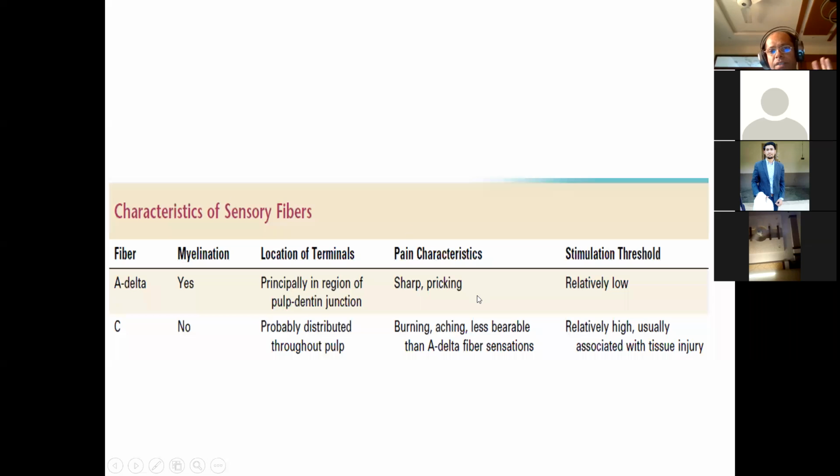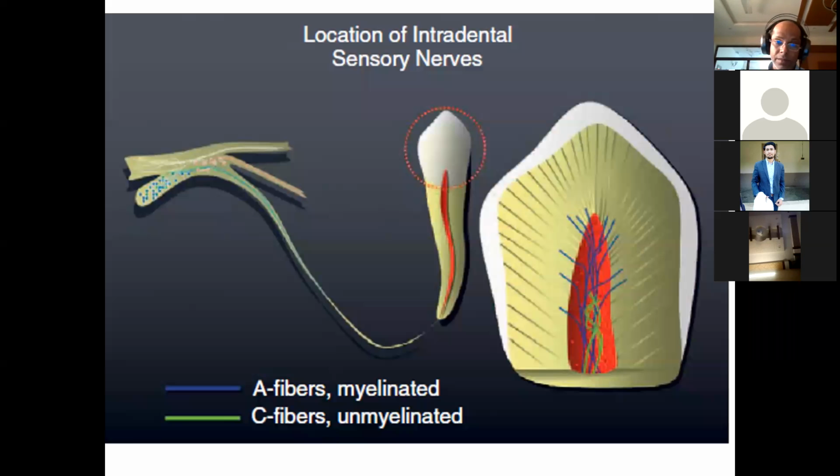A delta fibers give sharp pricking pain, and pain starts even at a relatively low threshold, but C fibers are burning, aching and like this, the long-term continuous type of pain. So this is the difference between the A delta fibers and the C fibers. Both types of fibers are present in the pulp.